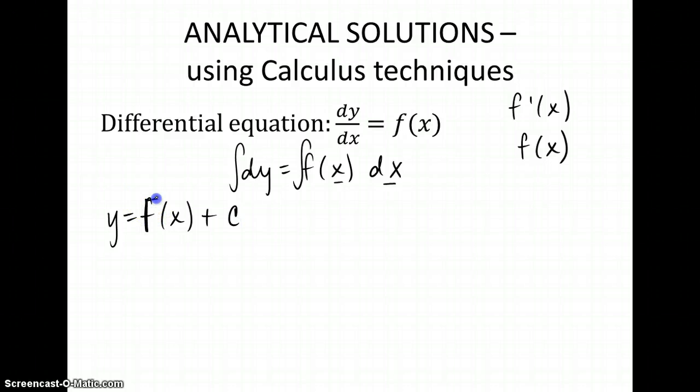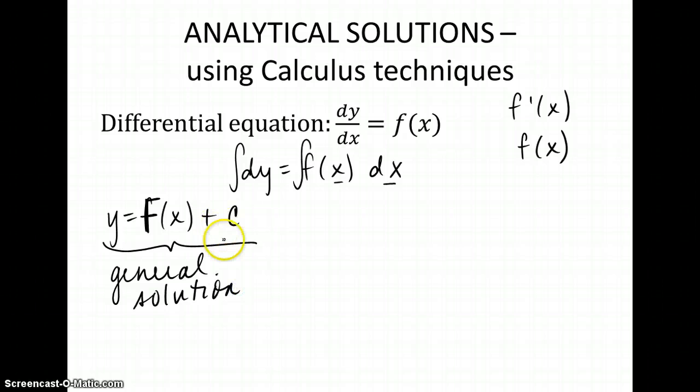So now technically this should be a capital F to represent the antiderivative. Remember that this is referred to as the general solution, because it has the plus c in there.